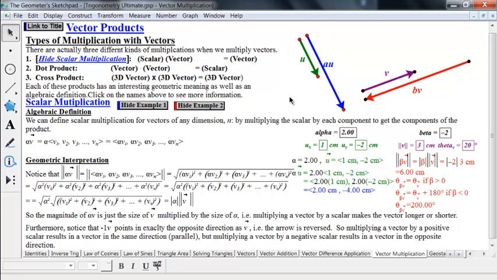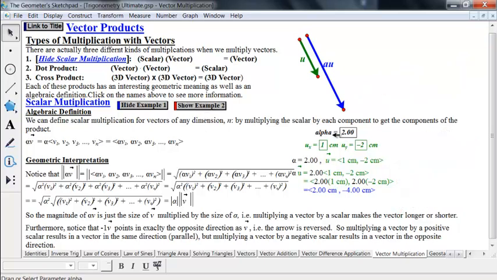By definition, if you have a scalar alpha and a vector v, which has components v1, v2, v3, and so forth up to vn, then alpha times v is alpha v1, alpha v2, alpha v3, up to alpha vn.